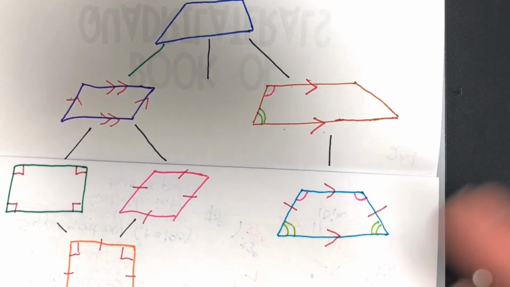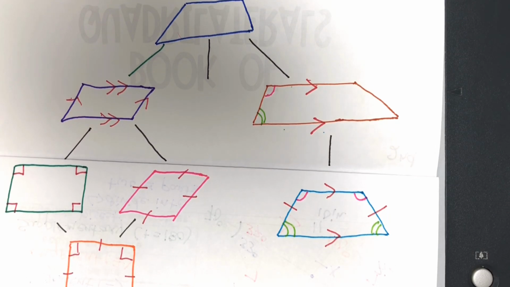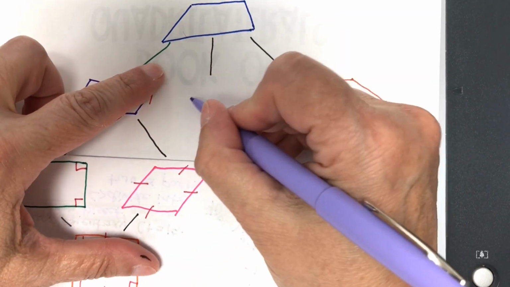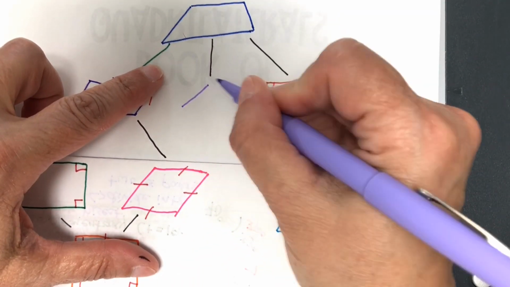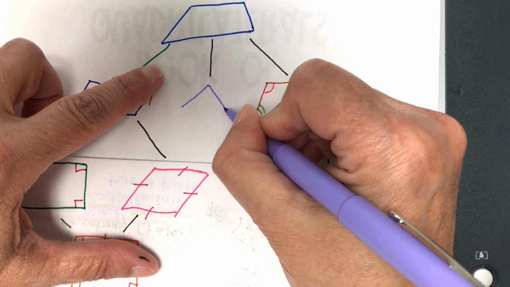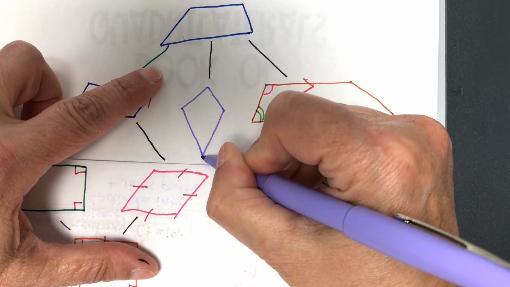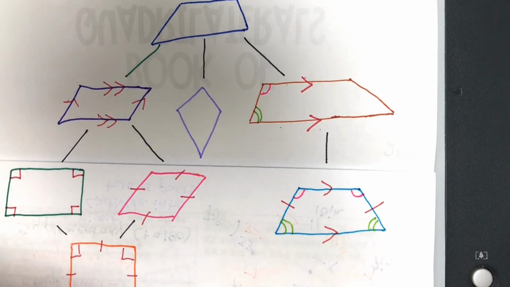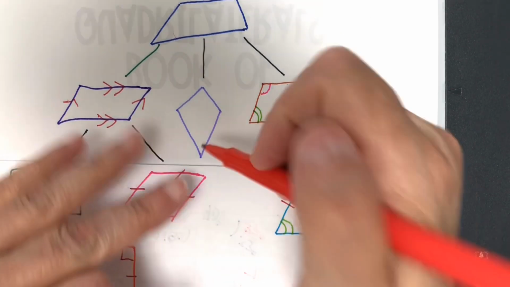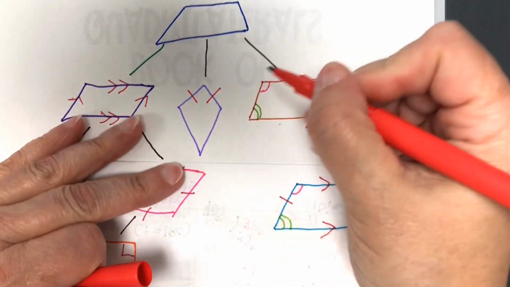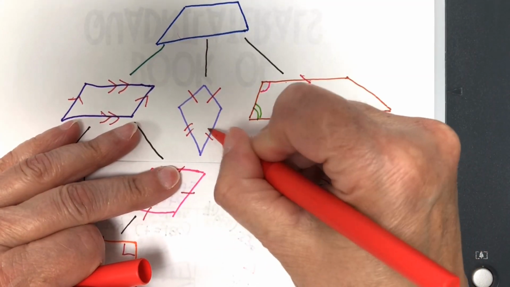So notice coming off of our quadrilateral, we are grouping things by the number of parallel sides. So a kite has consecutive sides that are congruent. So in a kite, this is going to be congruent to this, this congruent to this.